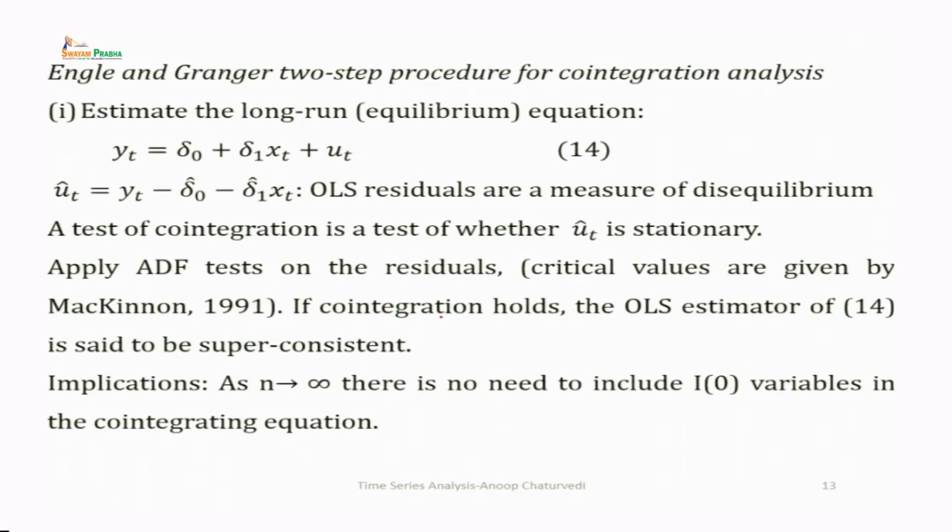And if cointegration holds, the OLS estimator of equation 14 is said to be super consistent, and its implication is that as n tends to infinity, there is no need to include I(0) variables in the cointegrating equation.